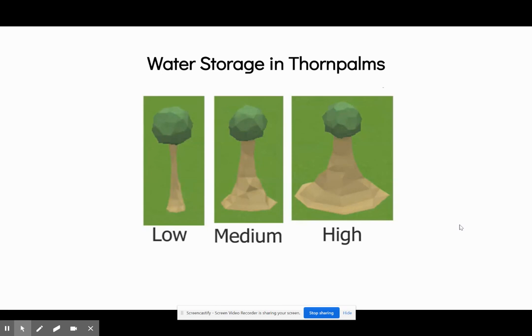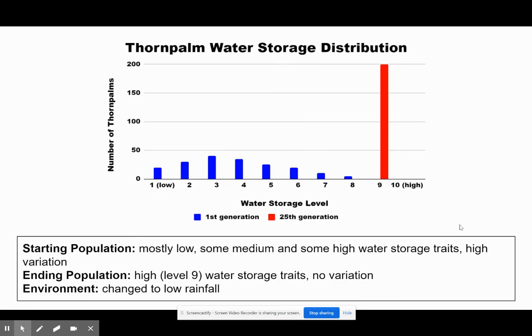And in real life, we do have plants that store water. This is an adaptive trait. We could think about cacti. A cactus is able to hold and store a lot of water because it's in a dry area. It doesn't rain a lot in the desert, so these cacti have to be able to hold water inside.